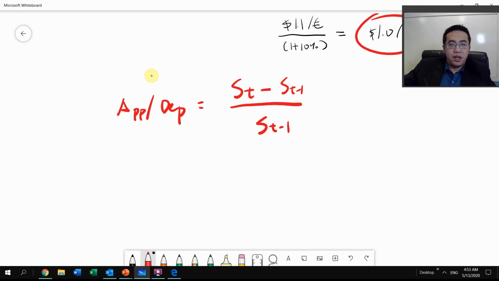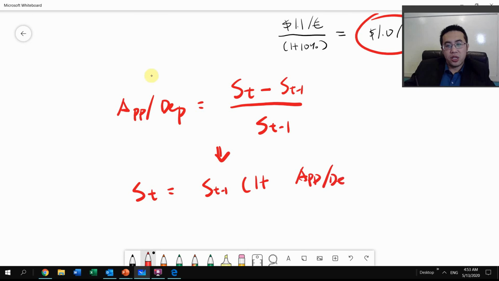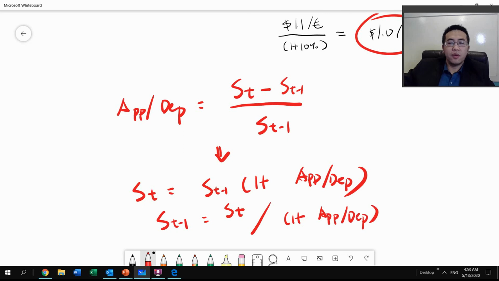You should have the ability to derive this formula into this: the later rate equals the earlier rate times 1 plus the amount of appreciation or depreciation, or the earlier rate equals the later rate divided by 1 plus the amount of appreciation or depreciation. So that's the master requirement.